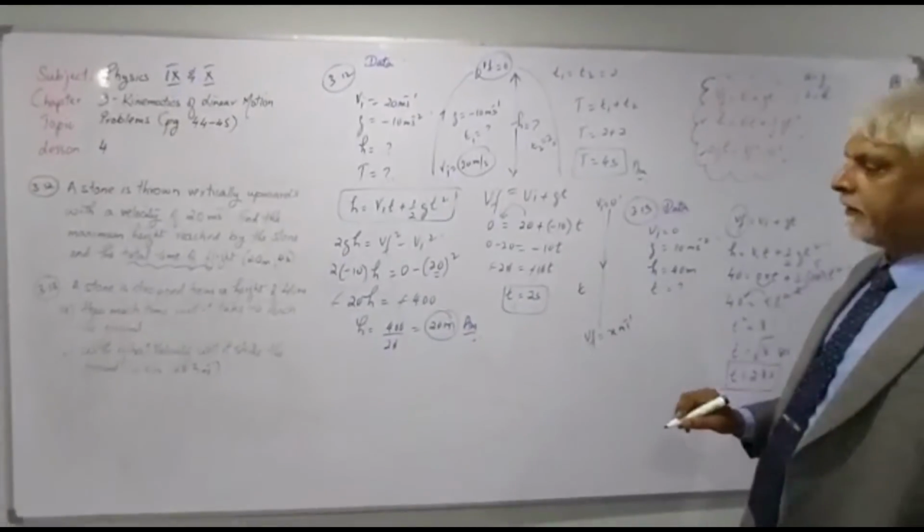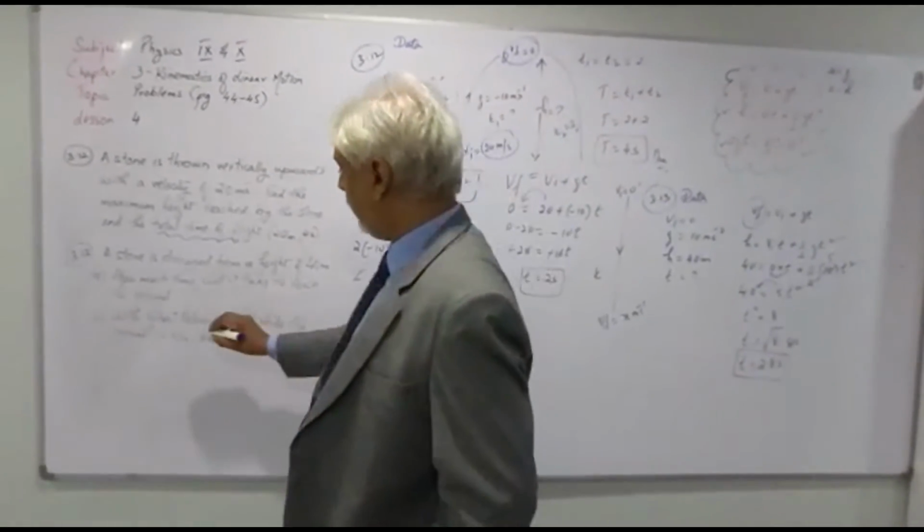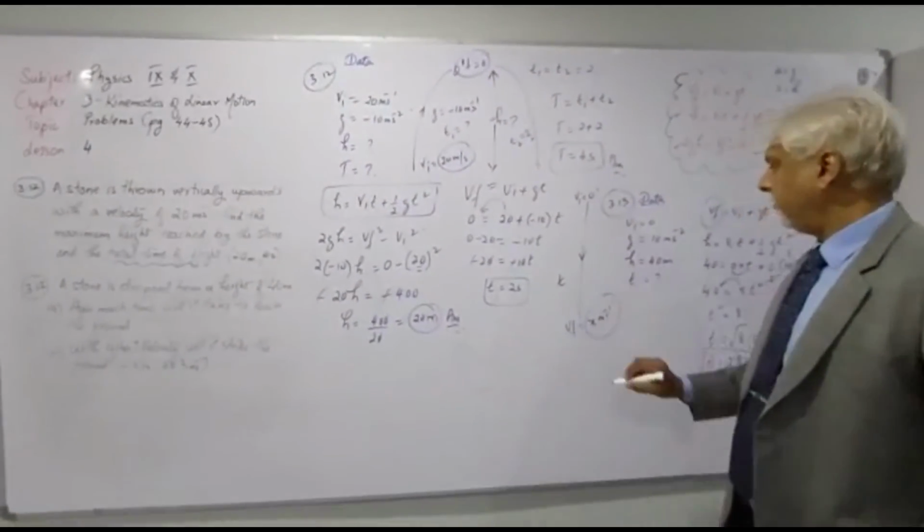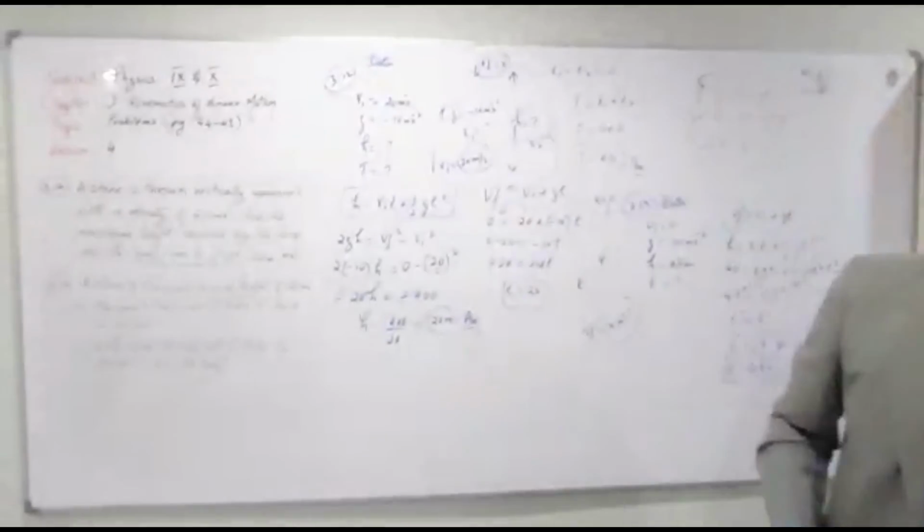Now the second part that they have asked us over here is, with what velocity will it strike the ground? With what velocity will it hit the ground? Vf. I'll just solve it over here.